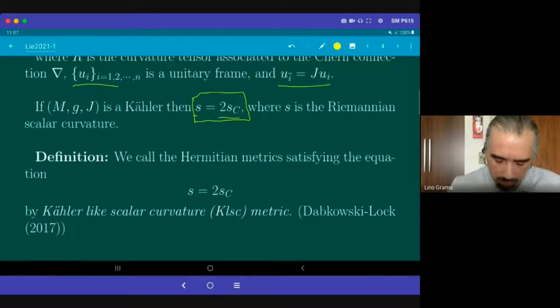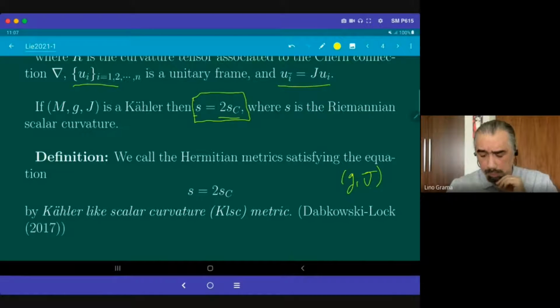A pair (g, J) we call a Kähler-like scalar curvature metric if it satisfies this equation.